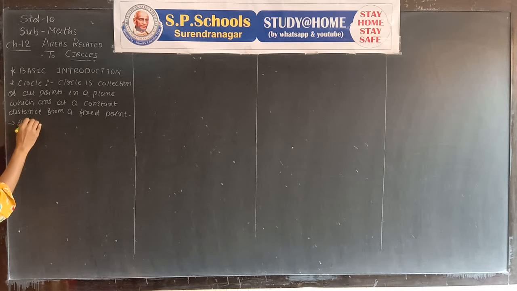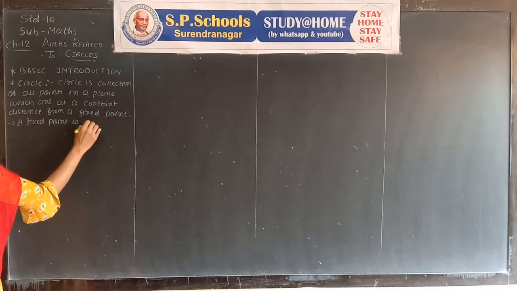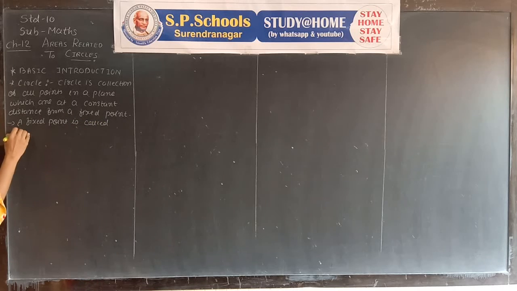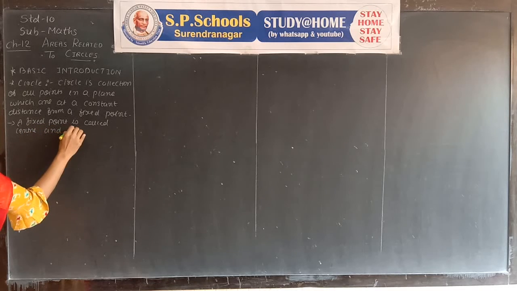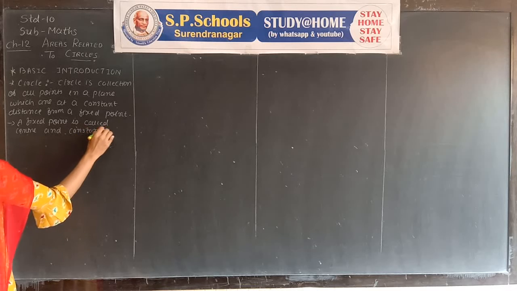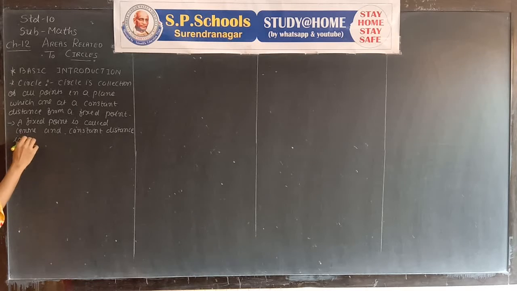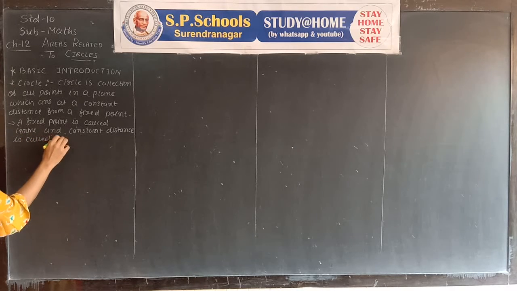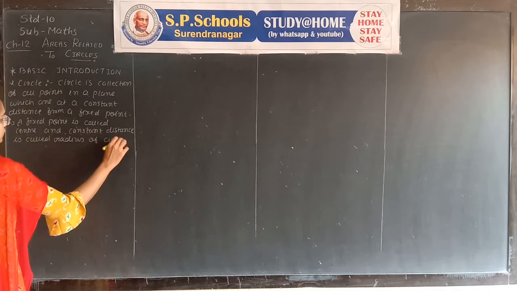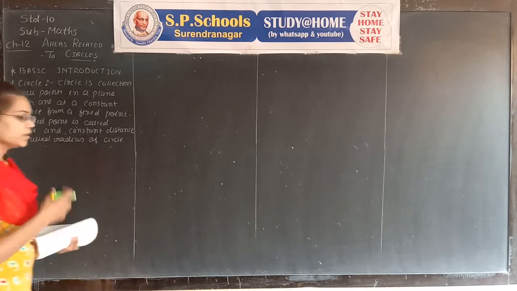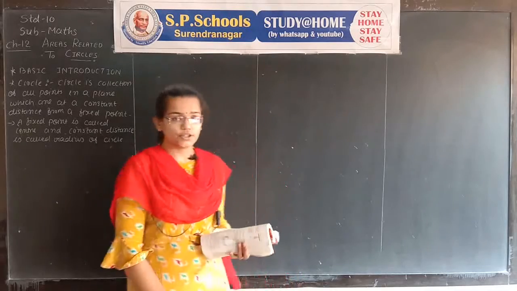The fixed point is called the center and the constant distance is called the radius of the circle. In this chapter there are lots of formulas to find the areas related to a circle.